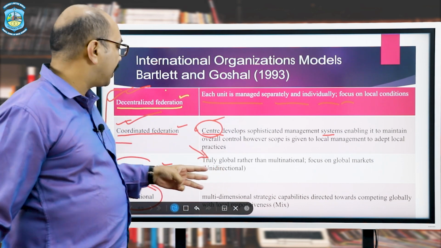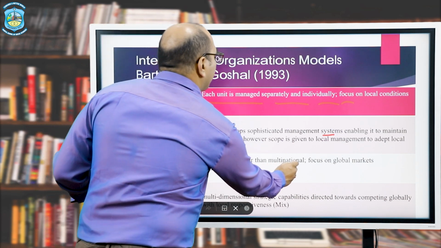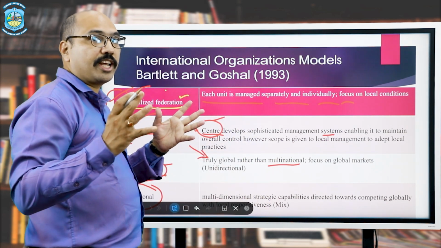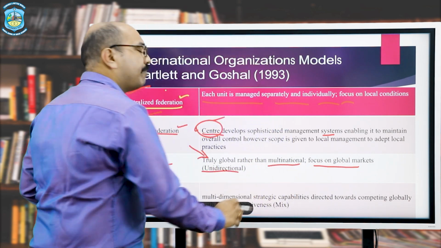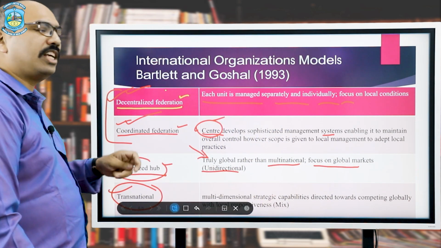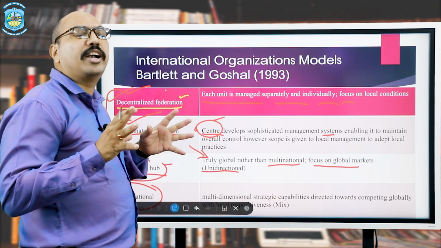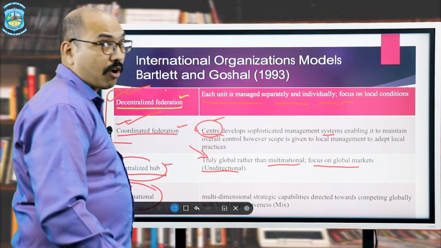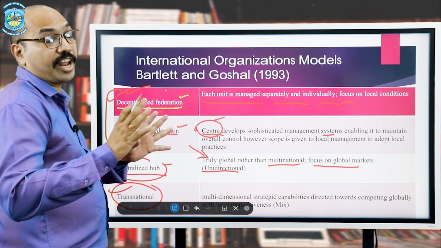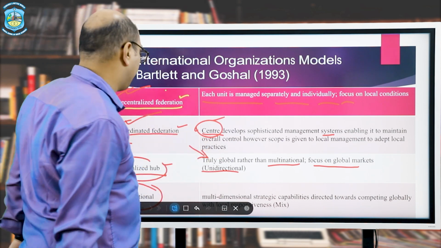What happens in this model is that a truly global rather than multinational face one can observe, and at the same time focus is on global markets. The HR management is unidirectional, and there is a strict and strong control of the headquarters over the other subsidiaries or the different branches operating in different cultural contexts and environments, which are characterized by the different countries.